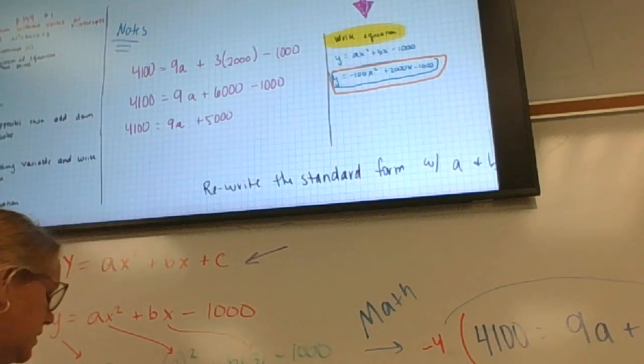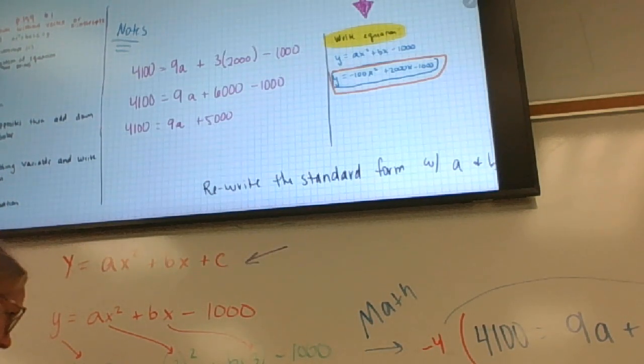Oh, I should put it in here. Yeah. No, I solved for A first, so I got a repeating answer. It's not a decimal. No, it's not. It's negative 1000. I mean, negative 100.